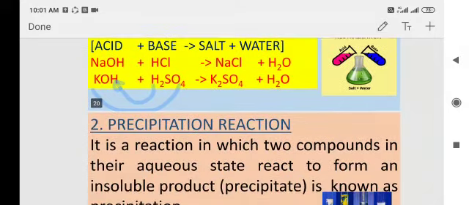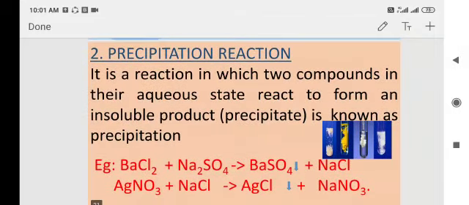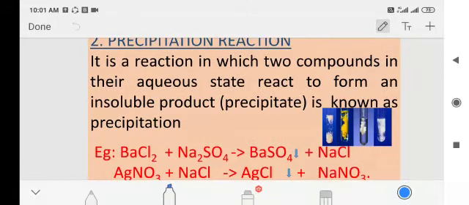Now the second type of double decomposition reaction is called a precipitation reaction. What do you mean by precipitate? Here you will find a diagram in which you will find 4 test tubes, and in all 4 test tubes some color is visible.